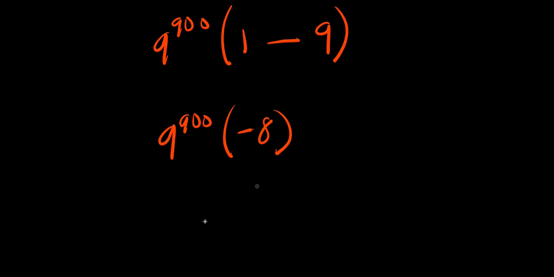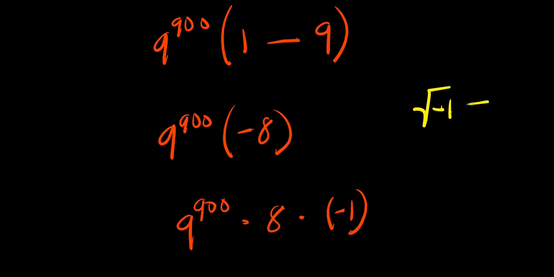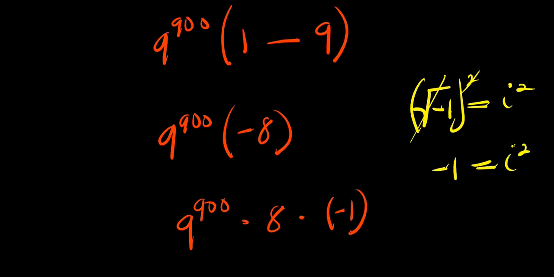So I can also express this as 9 to the power of 900 times 8 times what? Negative 1. Now this time around, I can apply this. If you have square root of negative 1, this equals i. So if you take the square of both sides, I have negative 1 equals i power 2. So I'm going to replace this with i power 2.